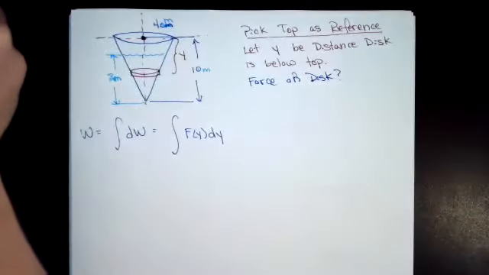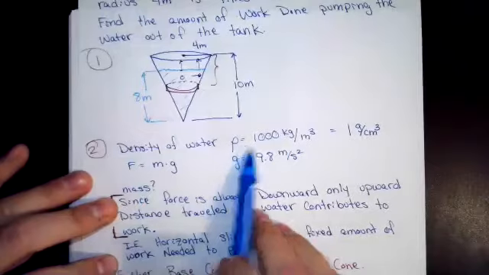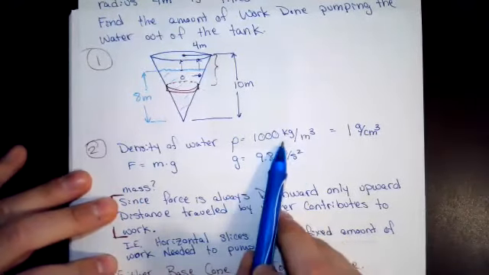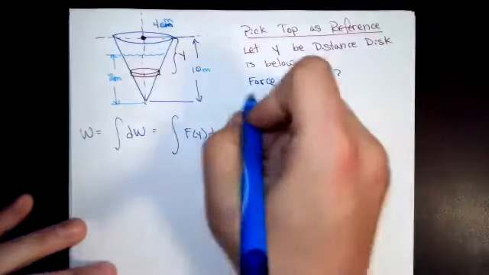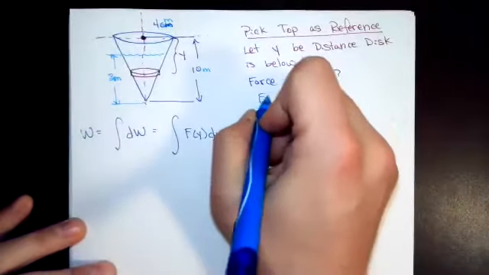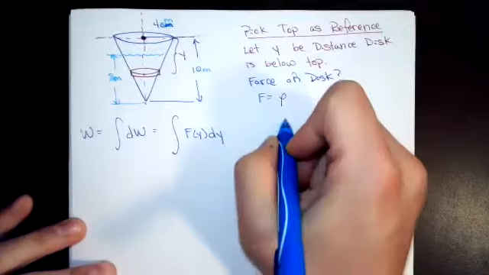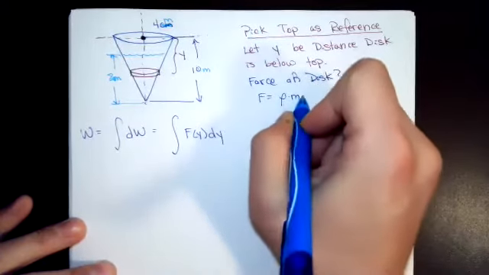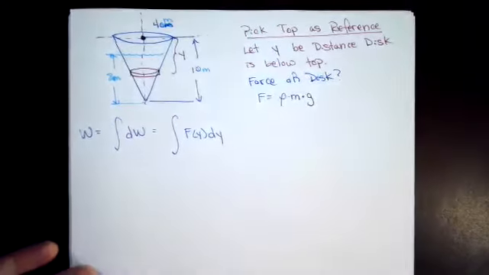Well, our density of water is 1,000 kilograms per meter cubed. So the density, or the force, is going to be the density times the mass times gravity.